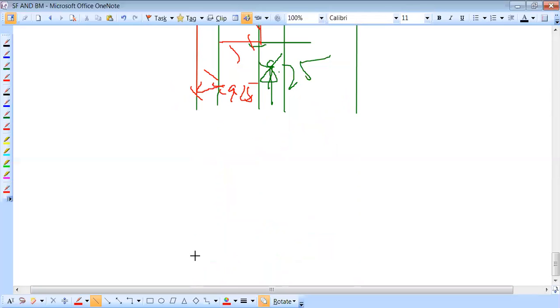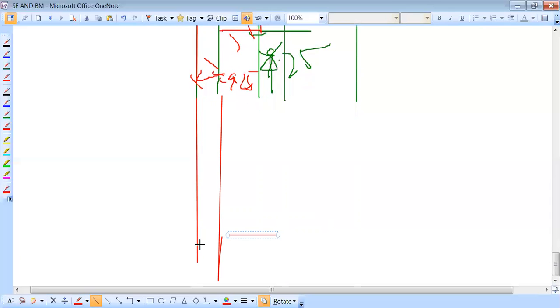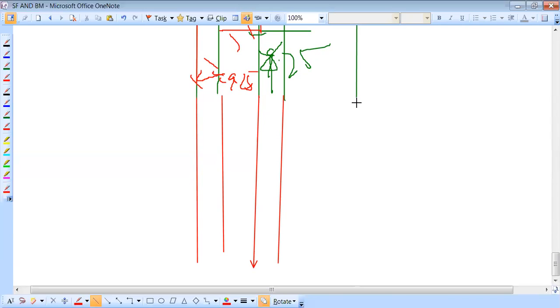Draw the same reference line from this point, this point, this point, this point.